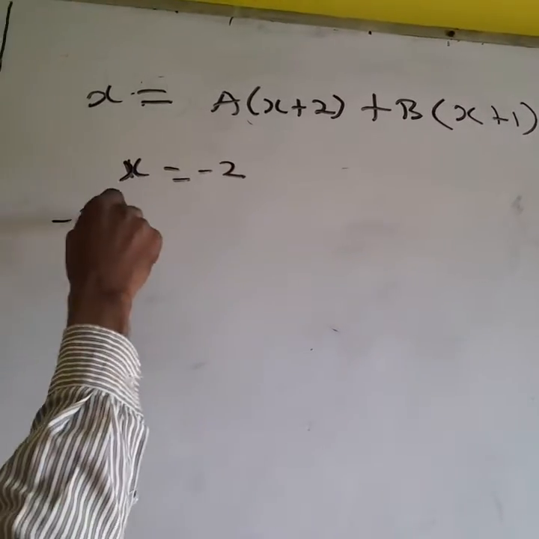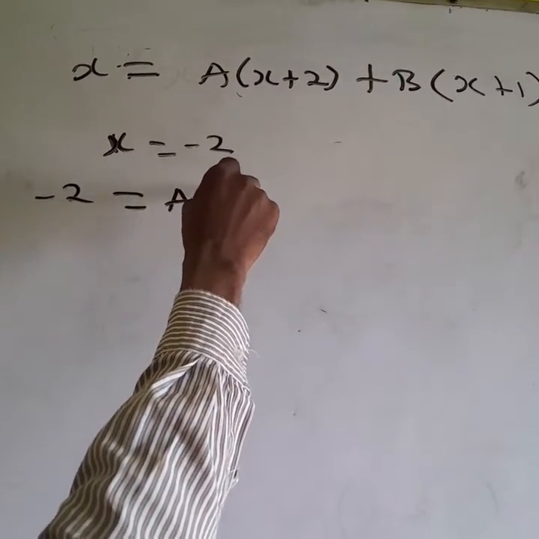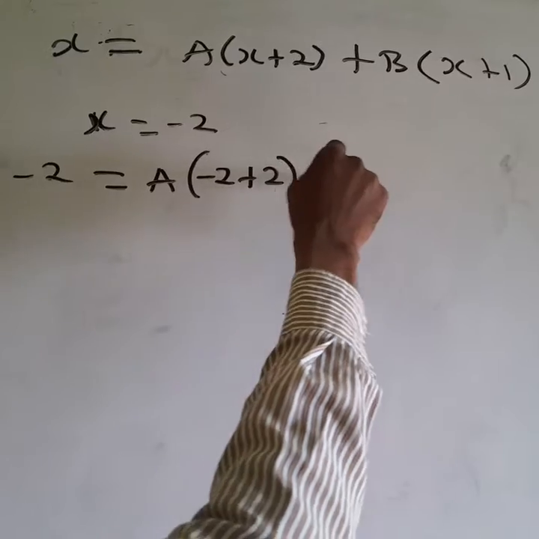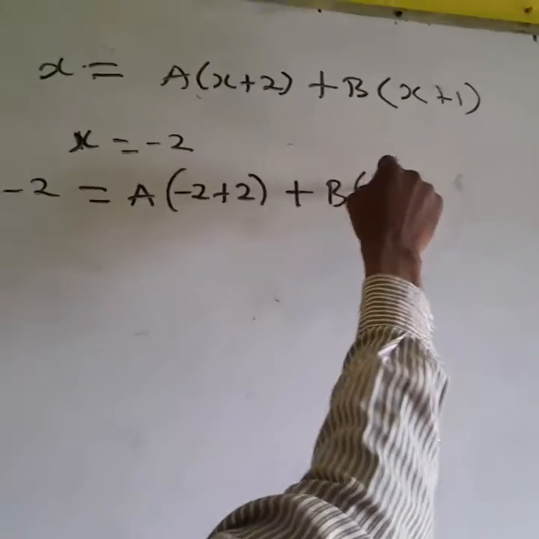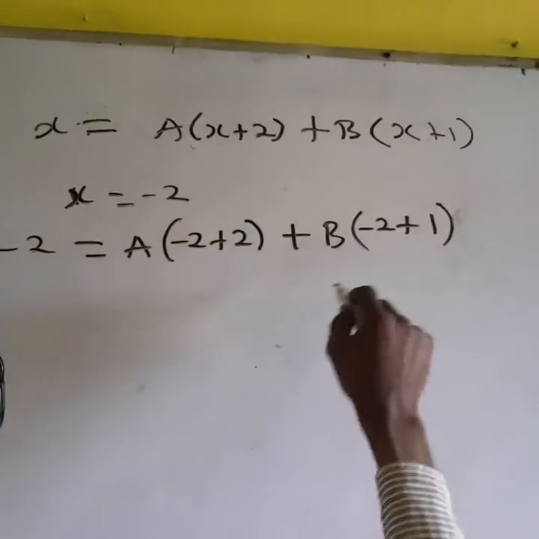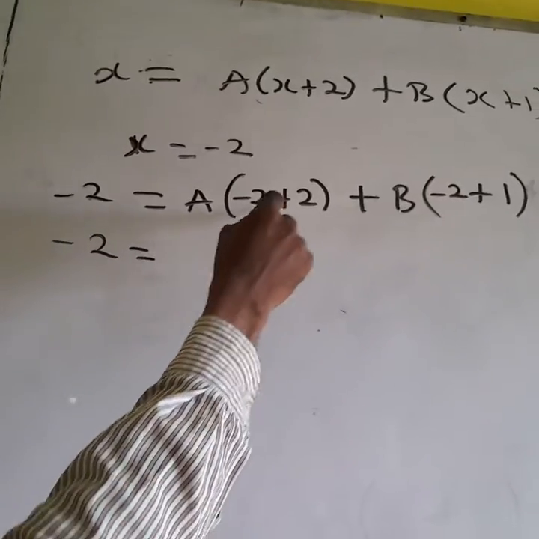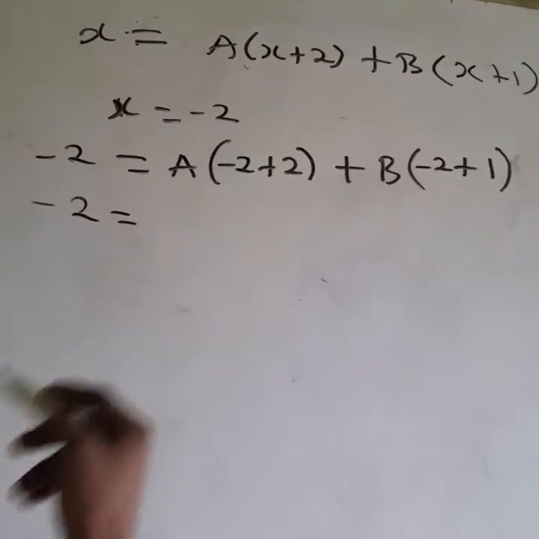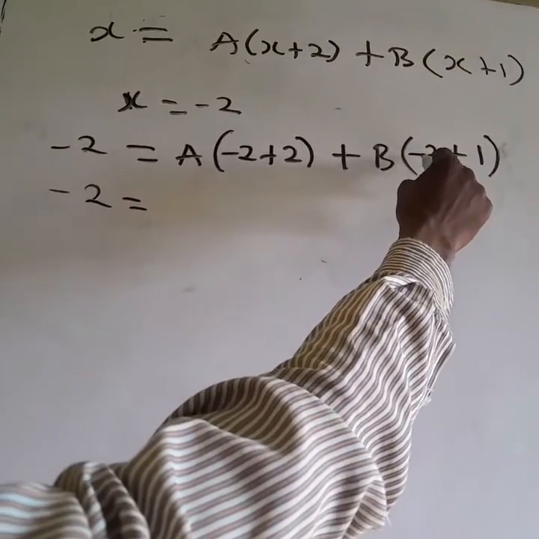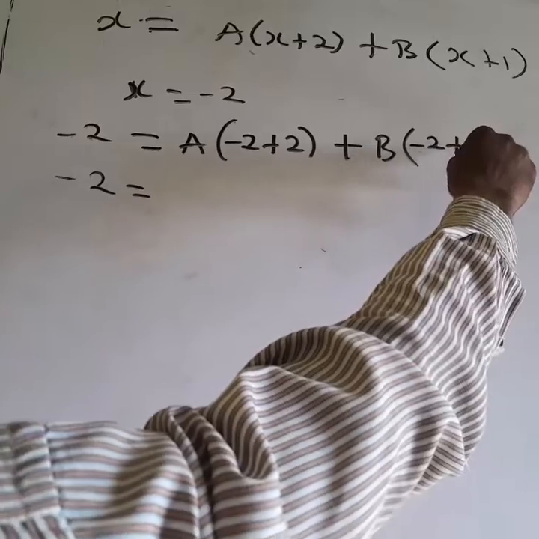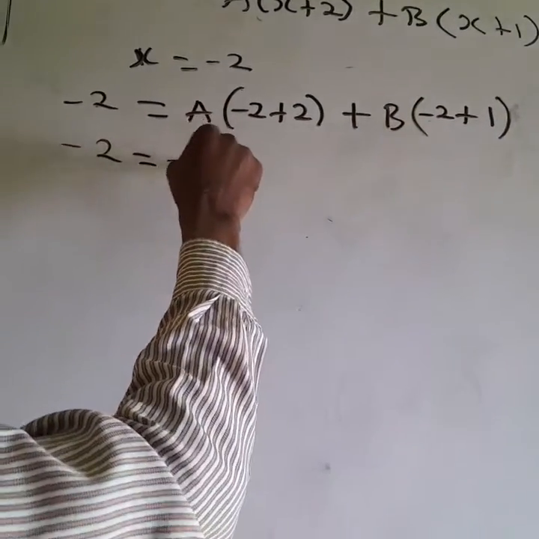So minus 2 equals A into minus 2 plus 2, plus B into minus 2 plus 1. Minus 2 plus 2 is 0, and 0 times A is 0. Minus 2 plus 1 is minus 1, and minus 1 times B gives us minus B.